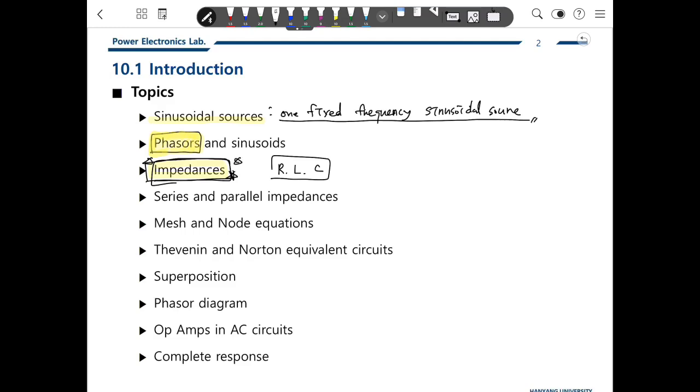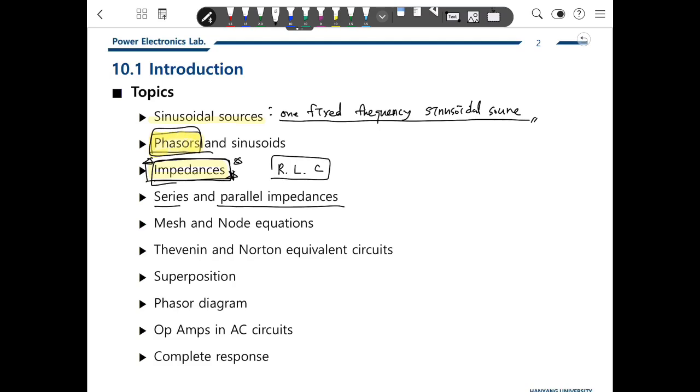We'll discuss it later. And to check the characteristic of impedance, series impedance and parallel impedance will be analyzed. And in the viewpoint of the phasor concept, we can analyze the voltage in an electric circuit. To do that, we need some more useful tools, kind of approach methods.